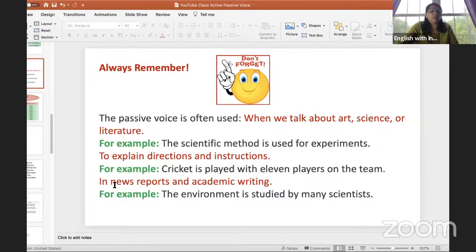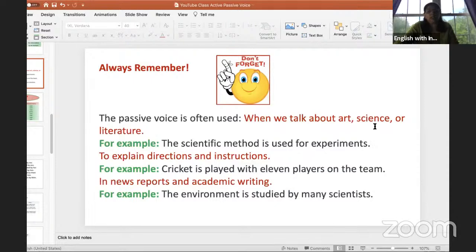And you see a lot of passive voice in news reports or in academic writing. But most of the time when we have a conversation, we use active voice. Okay, so passive voice is mostly seen in writing. So what kind of writing?